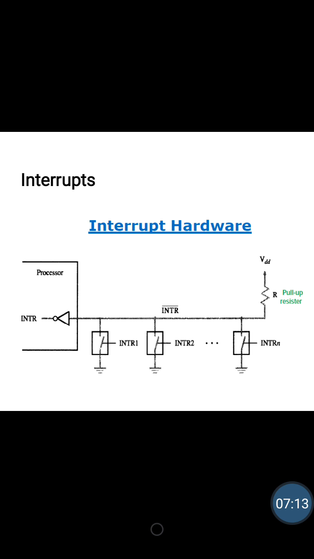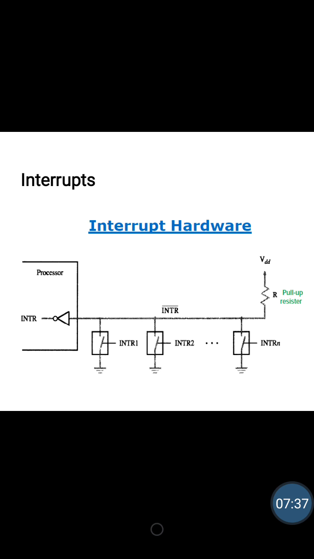That's why the voltage on the INTR bar line is high, it is 1, and what gets to the processor is 0, because it is inverted. So when no device requests, all the switches are open, INTR bar is high, and no interrupt request is sent to the processor.